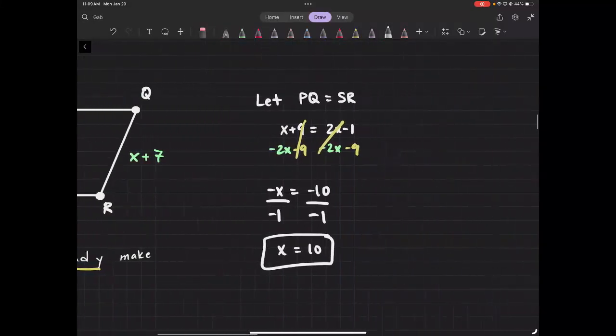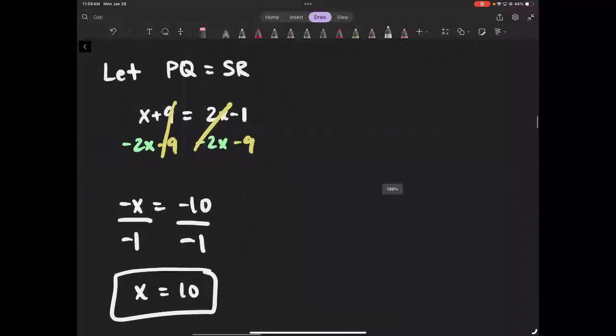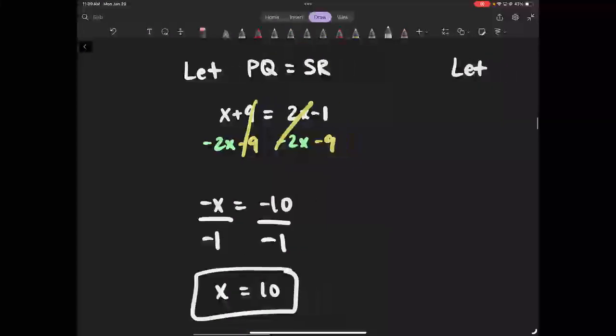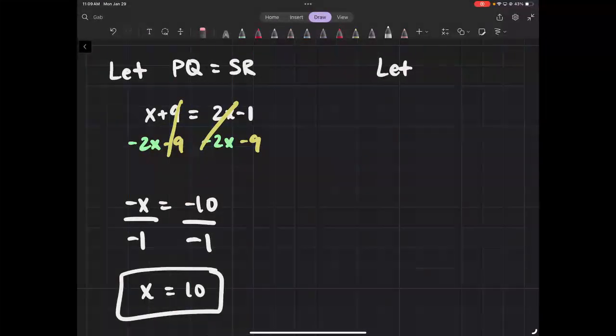So help me out. 19? So what are you gonna write? Let what? Tell me the side, the letters. The ones on this side. What are they? Well, what is it?